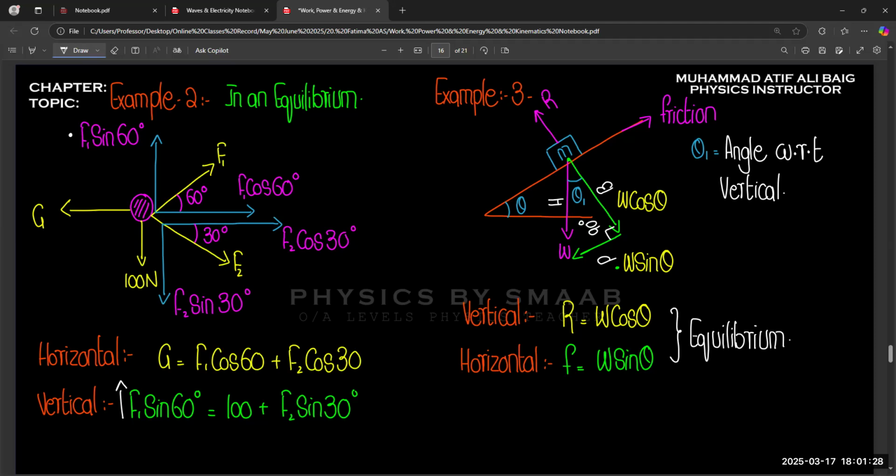So these two forces are in downward direction. So they are equal and opposite to each other. Right? Just like the value of G is acting towards left hand side, and these two forces combined are acting towards right hand side. Okay, so that's why we are taking these values equal and opposite to each other.